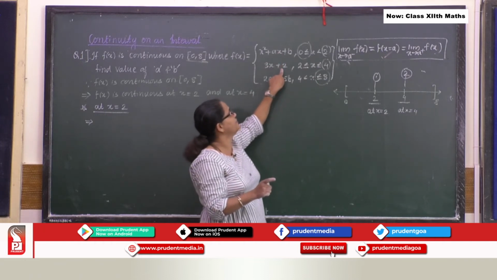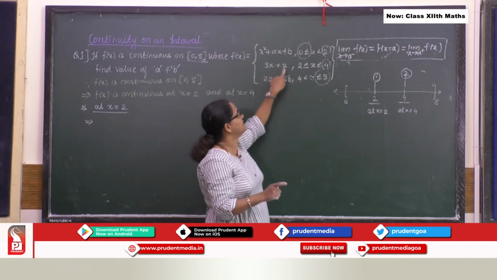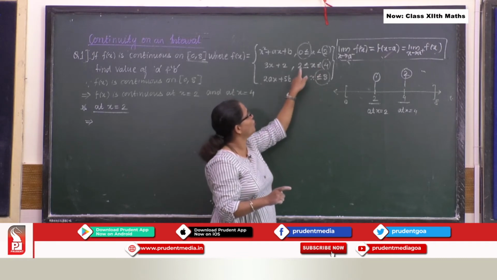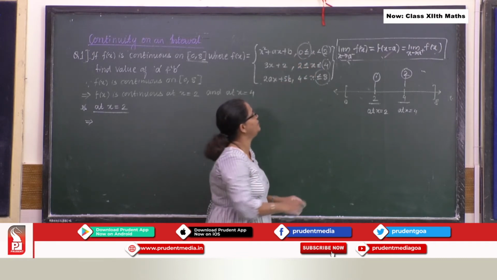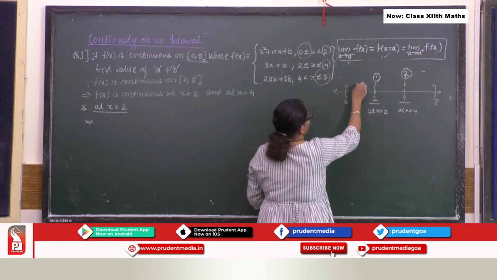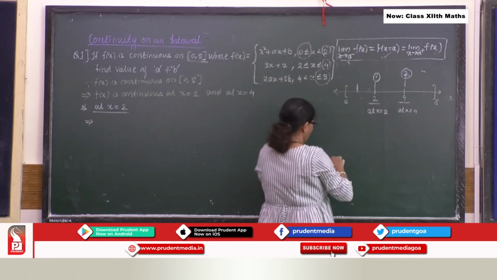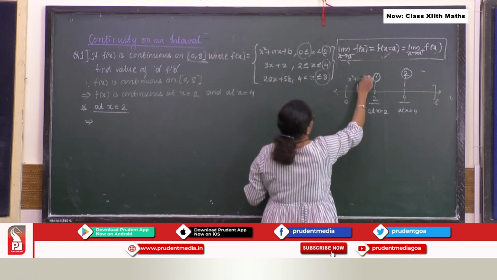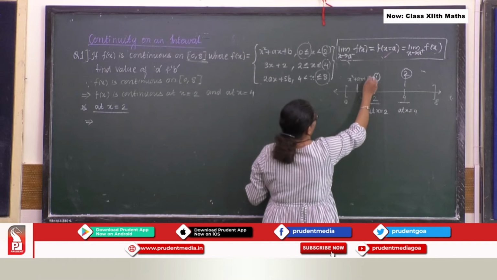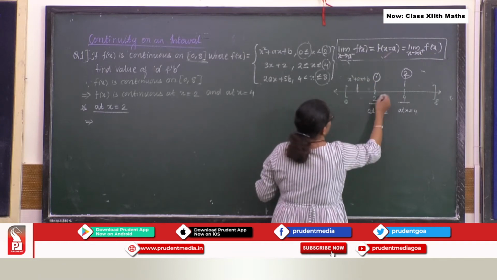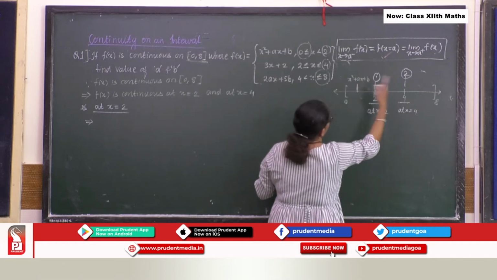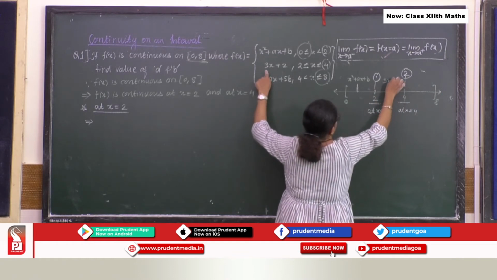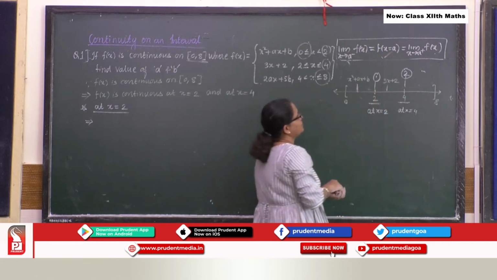My right hand limit definition is the second definition. Why? Because for all values less than 2, you have x square plus ax plus b, and for all values greater than 2, what you have is 3x plus 2, including x equal to 2.